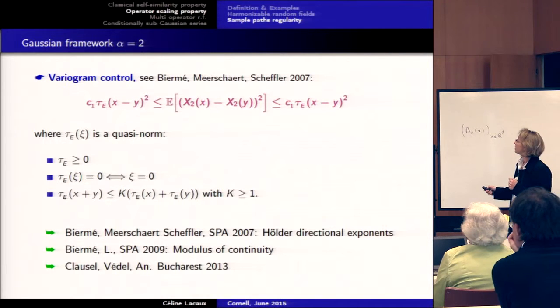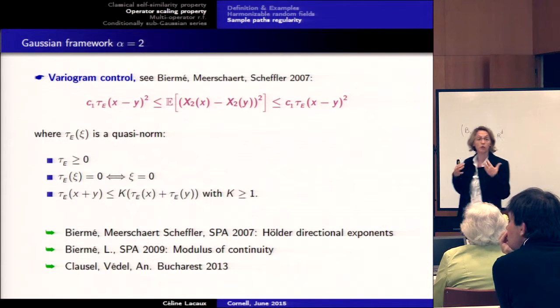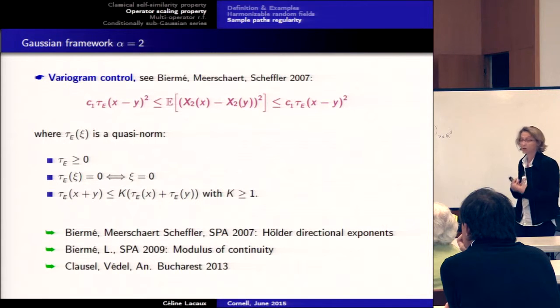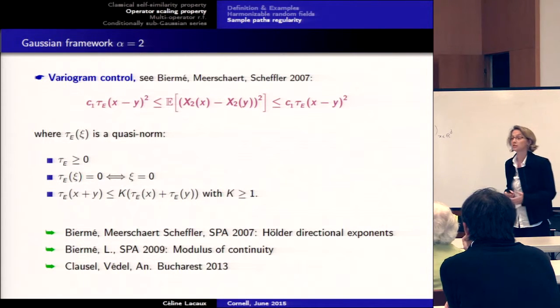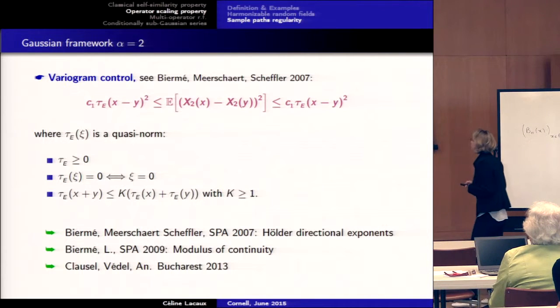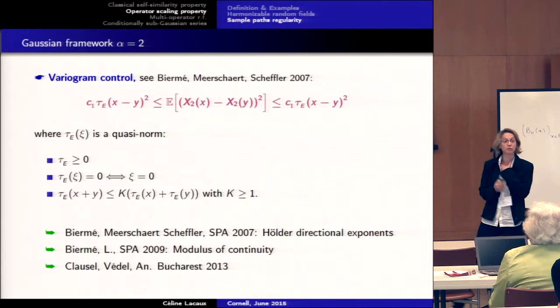Here, I no longer have the Euclidean norm. I have a quasi-norm which is given by E. I do not specify this quasi-norm because it is quite long to write. But if you have a look at the paper of Bierme, Meerschaert and Scheffler, you will see that they have computed the directional exponents for the Gaussian case.